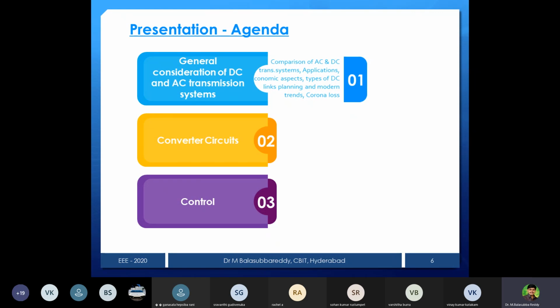And then technical performance is another aspect. We can see how the system is going to perform compared to AC, and why DC is preferable. Like stability limits: in the case of a DC line, you have full control over the power transmitted.